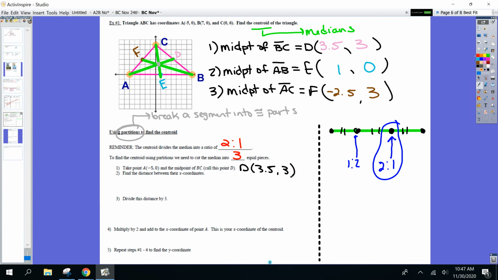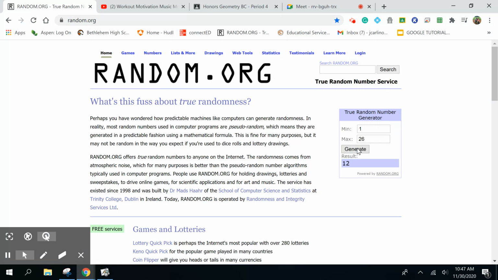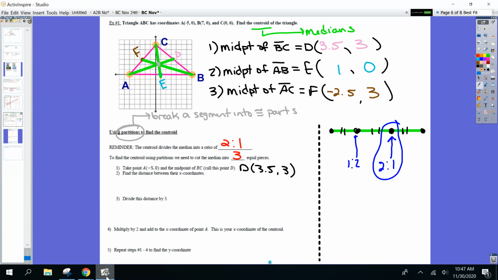If you're at -5 on the x-axis, and I ask you to go all the way over to 3.5, how many total units are you going? Lucas, how many total units am I going? -5 to 3.5.